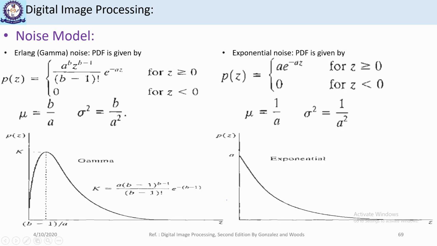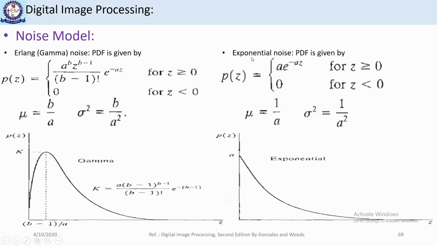Then next we have Erlang or gamma noise. The probability distribution function of this is given by this formula, and its mean is b by a, its variance is b by a square, and its shape is like this. It is maximum at (b minus 1) by a, and its maximum value is K, and K is given by this one.